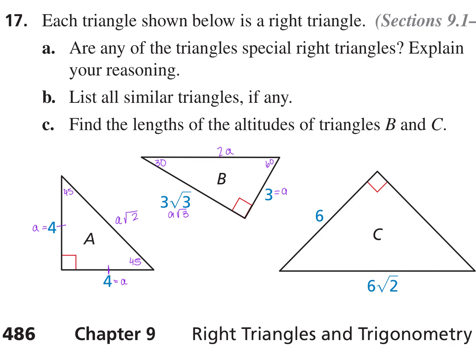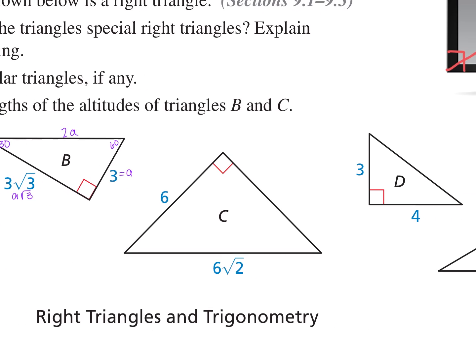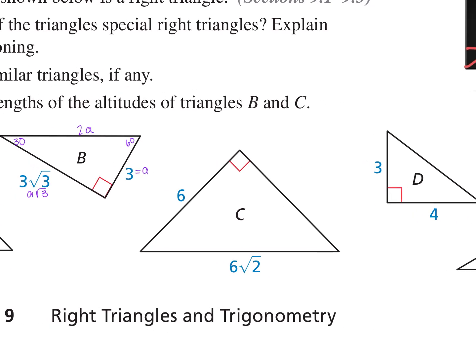If a is 3 and I plug it in for a radical 3, it would be 3 radical 3, so that would be a 30, 60, 90. Looking at C, again, let's double check. If this was A, this is A, and this would be A radical 2. That works. So this is a 45, 45, 90 triangle.